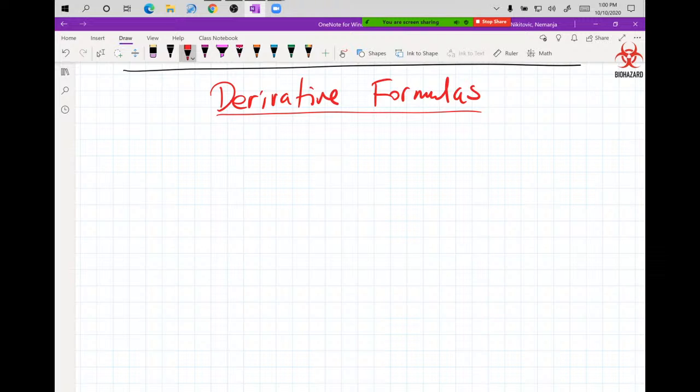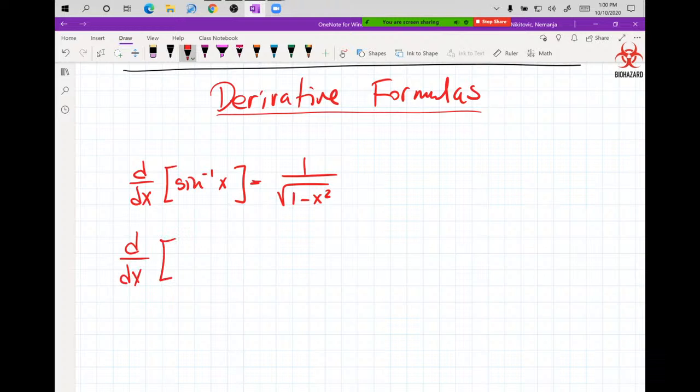But they're not complicated. Here's the derivative of inverse sine of x, and that one is 1 over square root of 1 minus x squared. And the derivative of inverse tangent of x is 1 over 1 plus x squared.